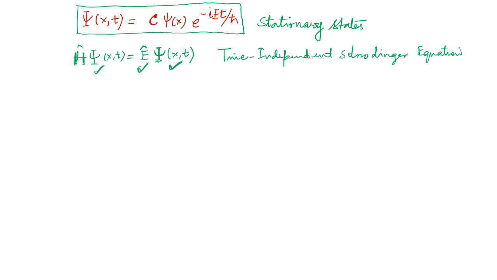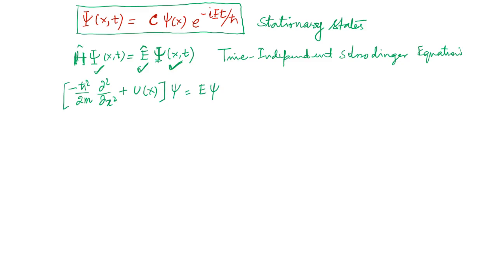Or we can write this as minus H squared by twice m, as we write del squared by del x squared plus U(x), and then I have psi is equal to E psi.